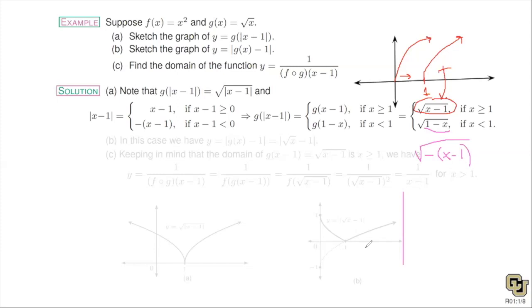And I like to do the reflection first. So starting with square root of x, this minus sign causes a reflection, so it flips. And then this minus 1 here, that's a shift to the right 1 unit.